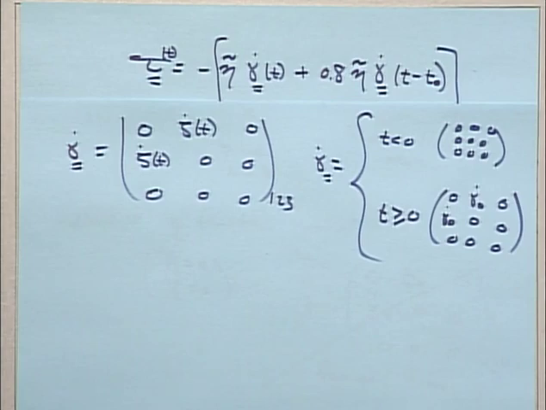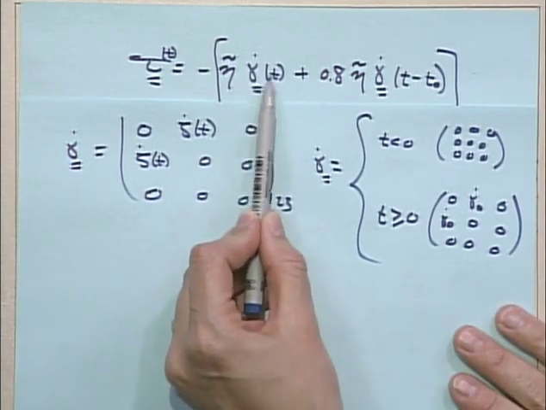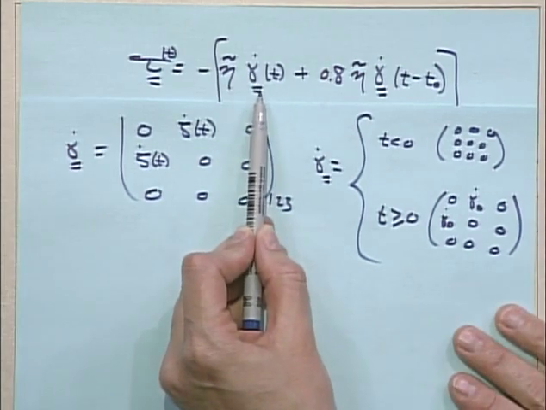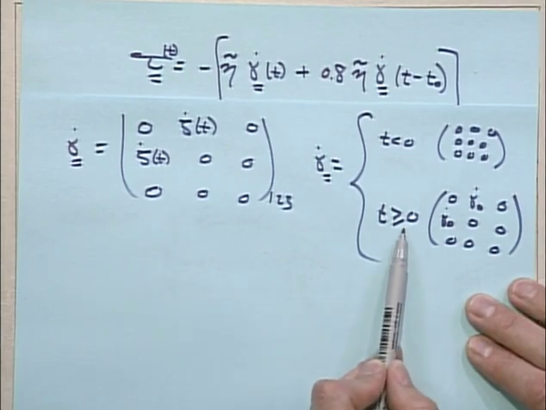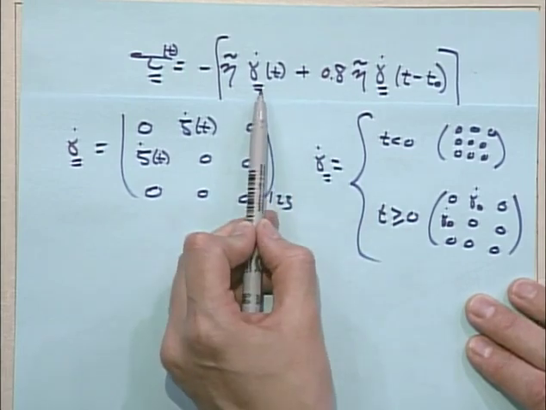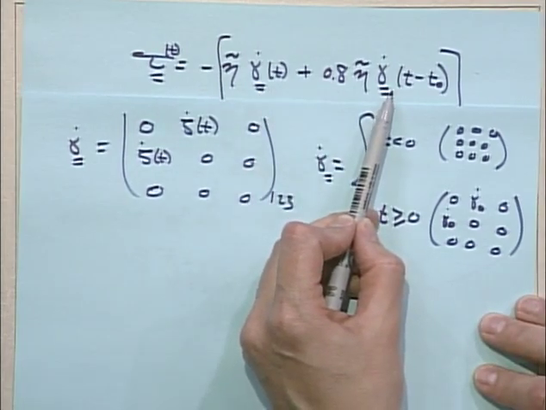At t equals 2 seconds, what's the stress? The shear rate at 2 seconds, is there going to be a contribution or nothing? There'll be some, because time is greater than 0, right? So there will be a contribution from this term. At 2 seconds, will there be a contribution from this term? No.